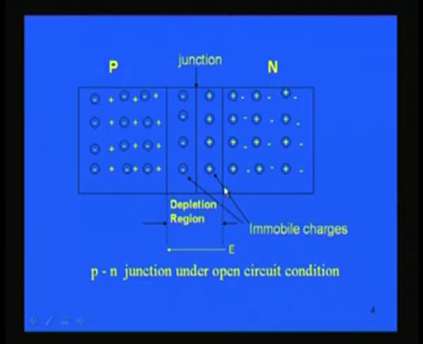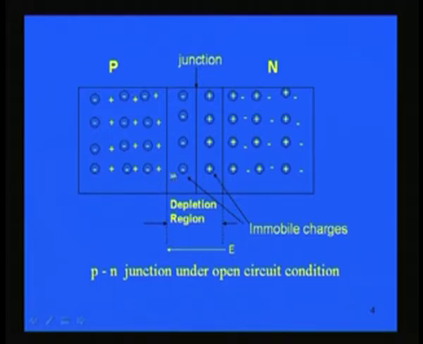So, it is like a potential is developed, positive on the right side and negative on the left side. This potential will now prevent, or stop, further movement of free charge carriers, because as this side is positive and this side is negative, these holes are now repelled by this positive charge on the right side.